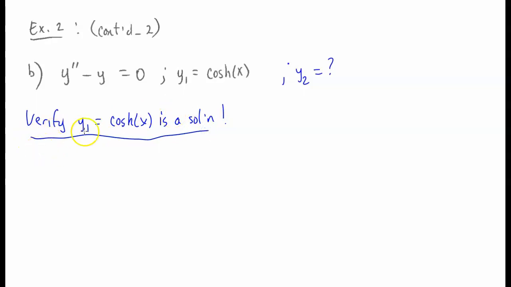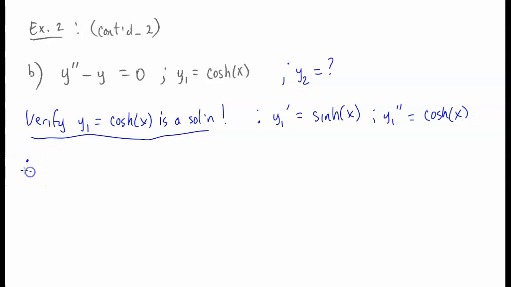To do that, we know that we're going to need the second derivative here. The derivative of cosine hyperbolic, or cosh x, is going to be sinh x, or sine hyperbolic. And the derivative of sinh is going to be cosh, or cosine hyperbolic.